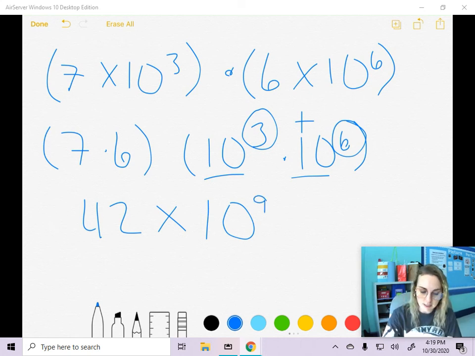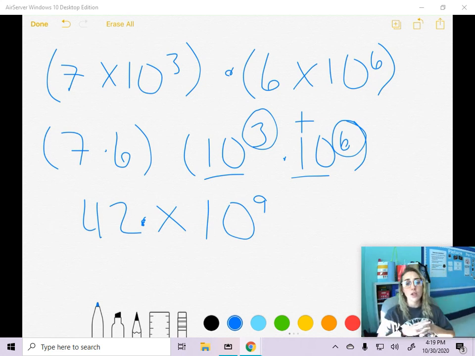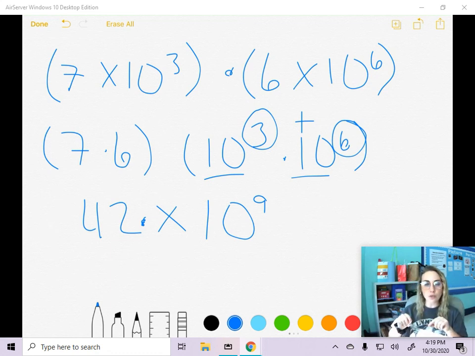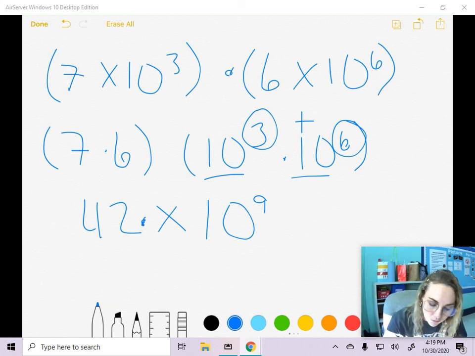And you're almost done. The decimal for this is at the end of the number. If you remember from last week when we talked about scientific notation, your first number has to be between 1 and 10. 42 is bigger than 10, so you have to rewrite it in proper scientific notation. To do that, move the decimal to the left one time.